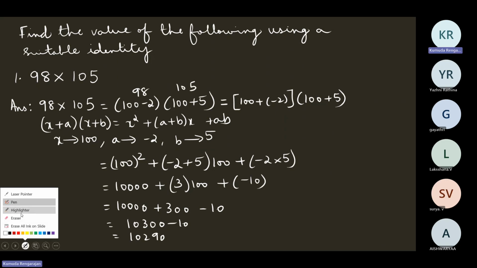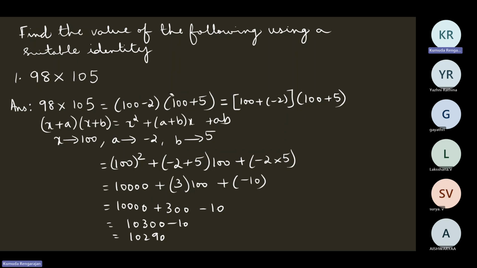So now this is of the form (x plus a) into (x plus b). See here, x plus a: 100 plus a, where a is minus 2. X is 100. X plus a, x plus minus 2. So this is a. (x plus a) into (x plus b), b is 5.